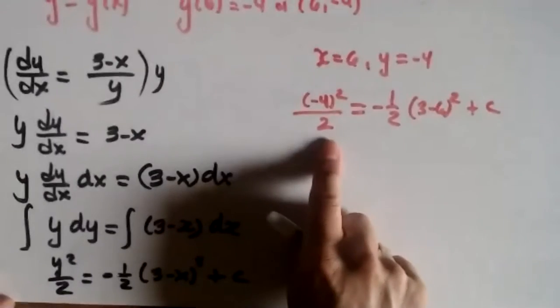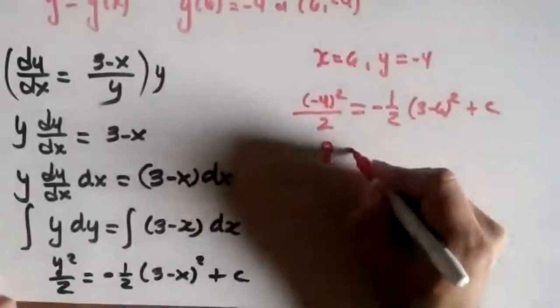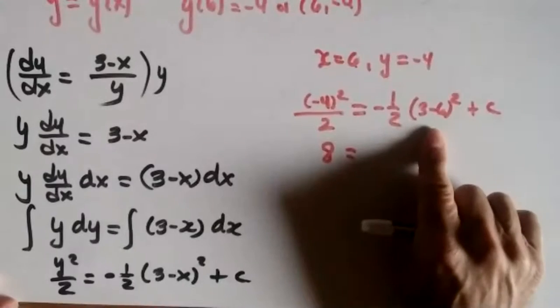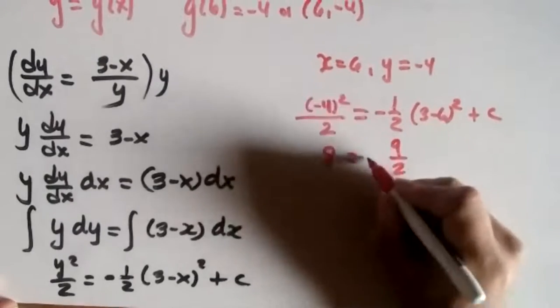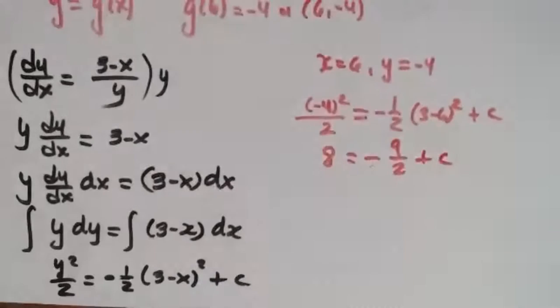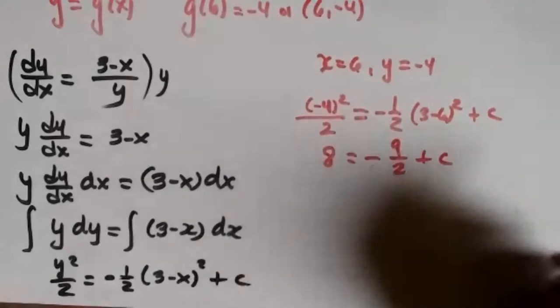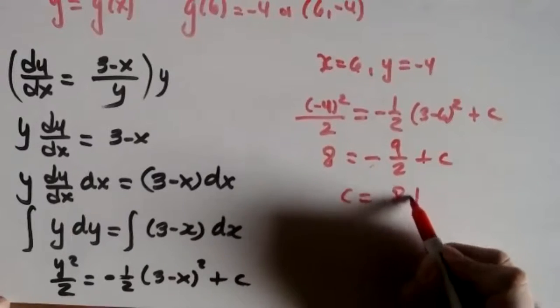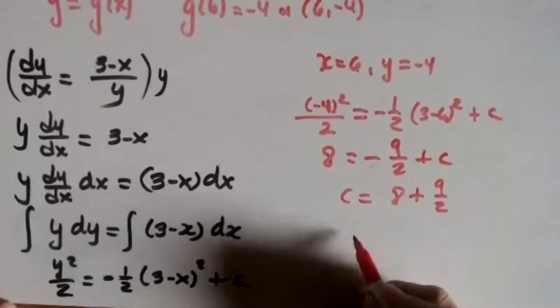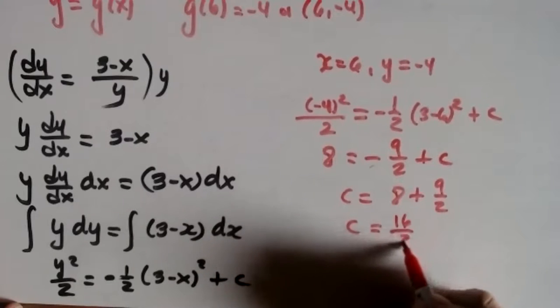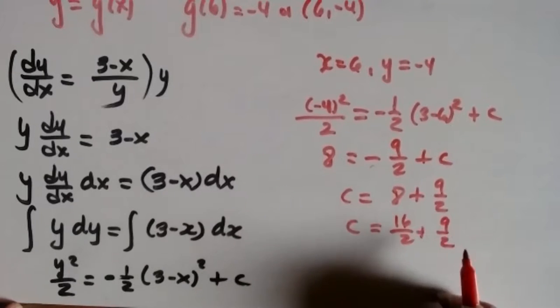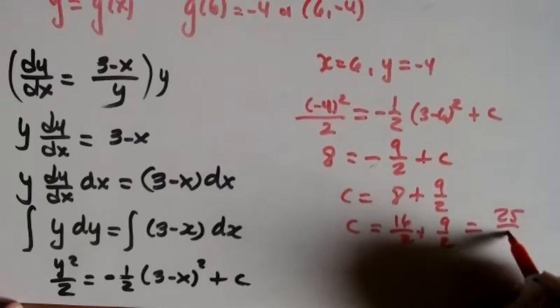So this is going to be 16 divided by 2. This is going to be 3 squared divided by 2, right? Plus c, correct? Now, c is 8 plus 9/2. So c is going to be 16/2 plus 9/2. So those are 25/2.